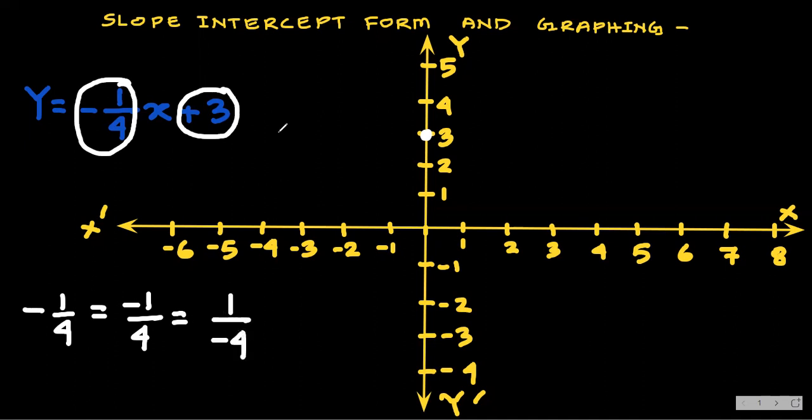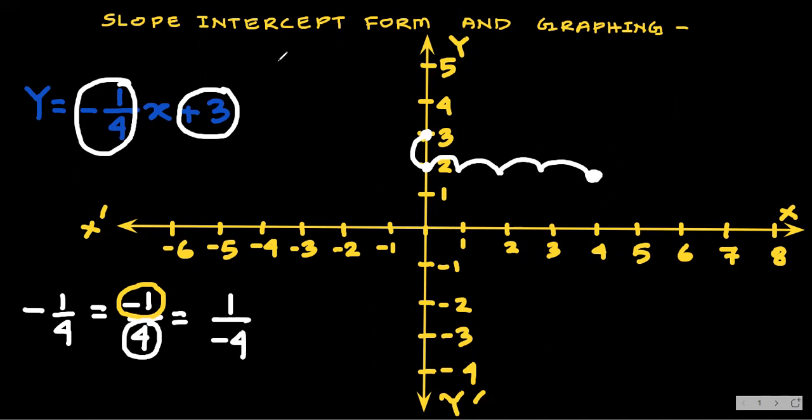So it's up to you, whatever you are assuming. So I'm assuming -1/4. So -1 means we need to go 1 unit down from this. And +4 means we need to go 4 units to the right. 1, 2, 3, 4.